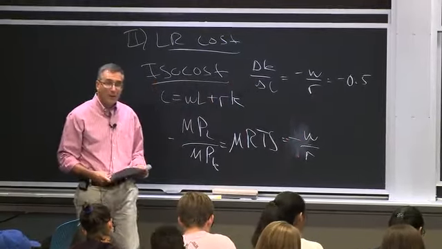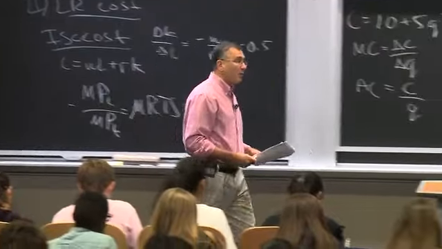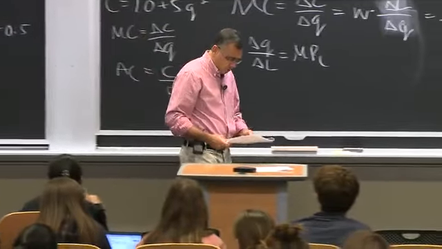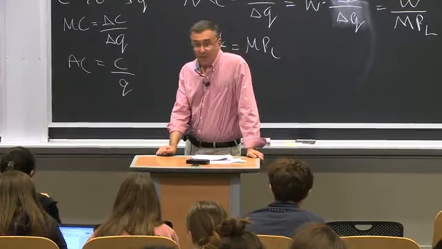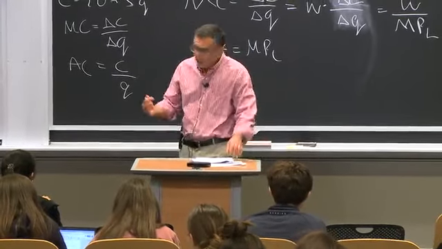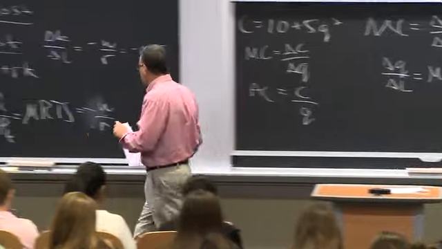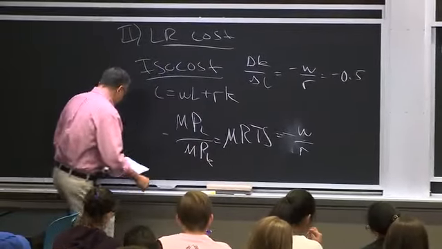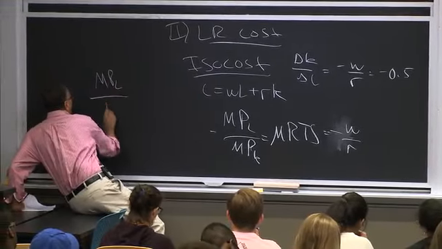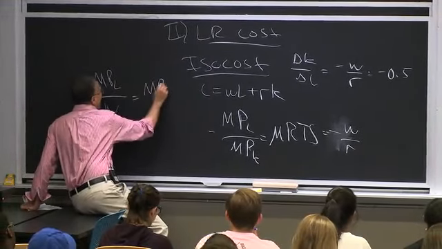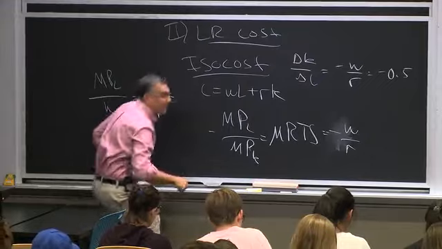The optimal point is where the marginal rate of technical substitution equals the slope, which is the wage to rental rate ratio. Alternatively, I don't know if anyone besides me likes this intuition, we can rewrite this as MPL over W equals MPK over R, my bang for the buck formulation.